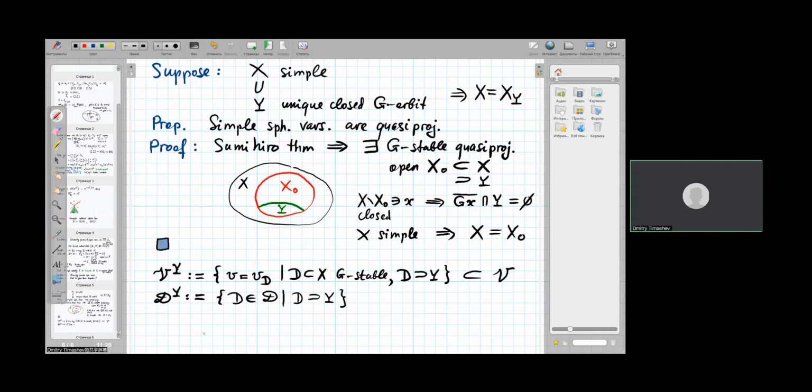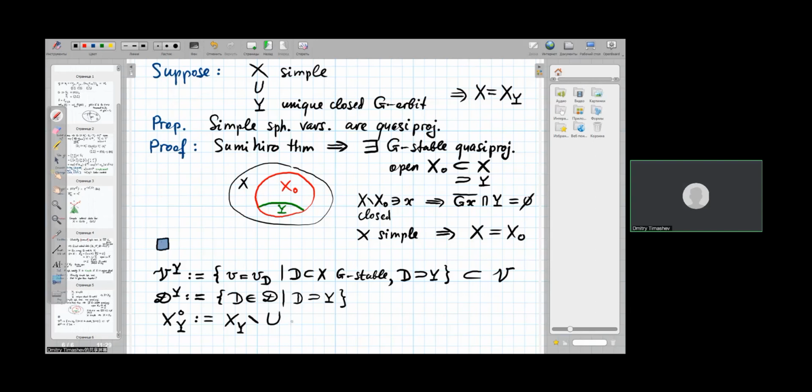And finally, let me denote by X_Y upper naught the complement, in my simple spherical variety X_Y, of the union of remaining colors.